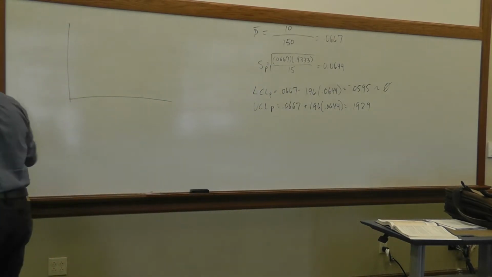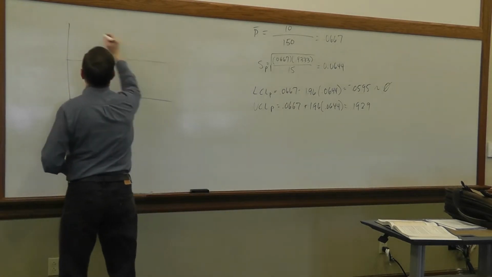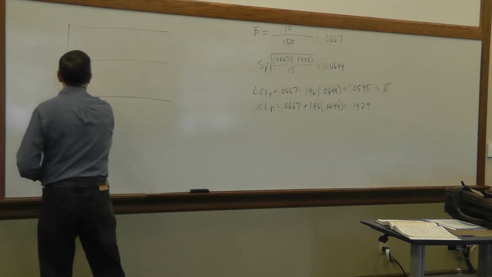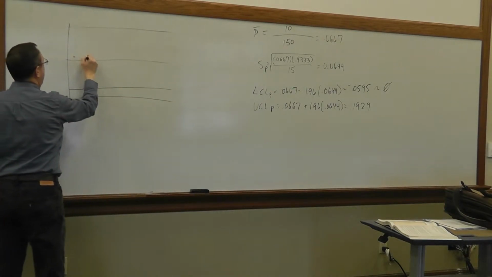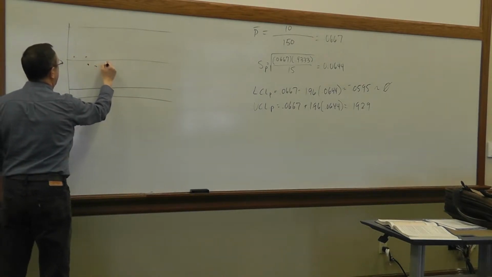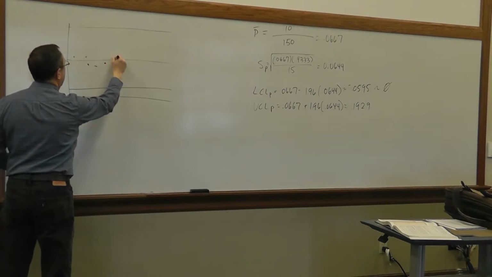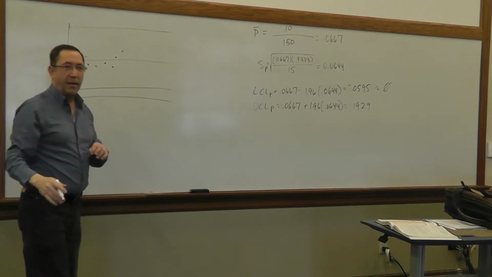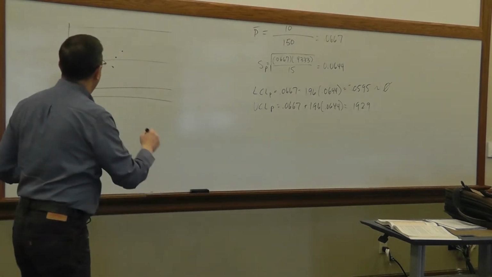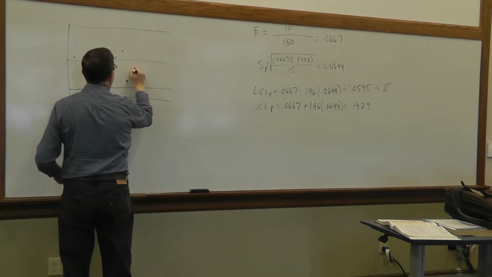You could have a control chart that looks like this. Control limits, and we could have a number of points going along like that, and then we could see like 5 more points where things kind of drop down.